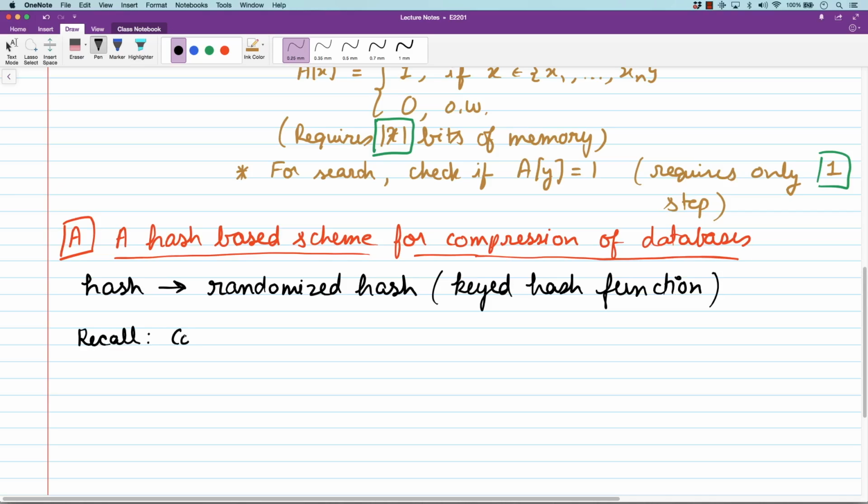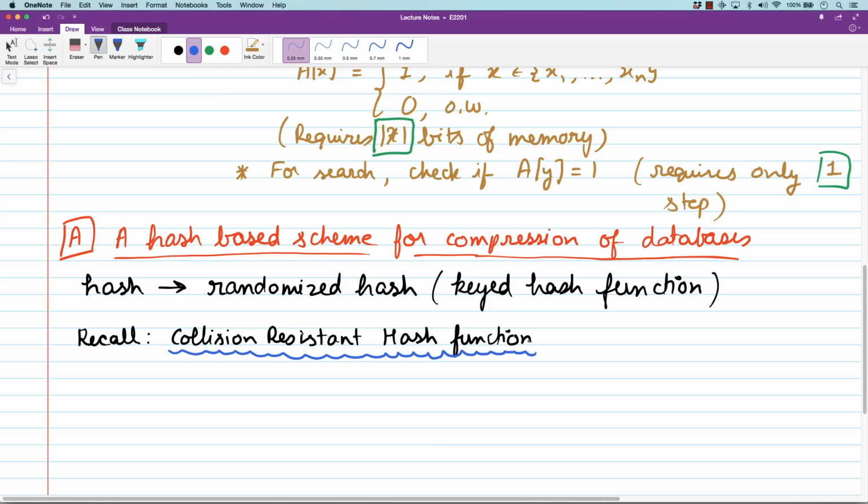And we recall this definition of a collision resistant hash family, or random hash function. Here what we said was that if you look at this function f, it's a random function.